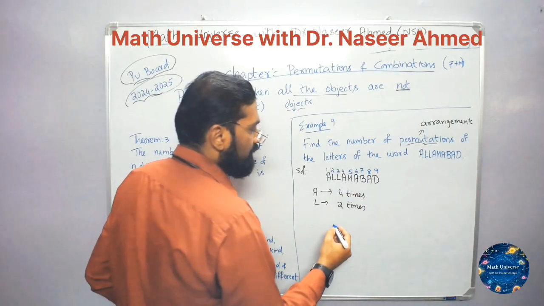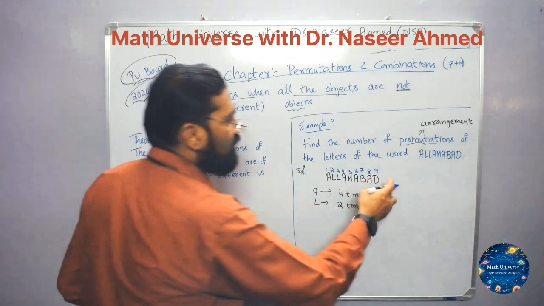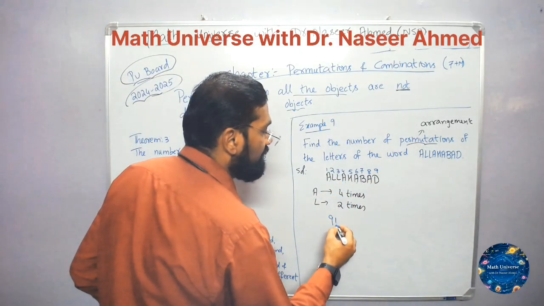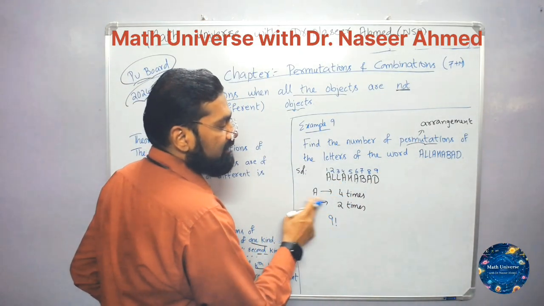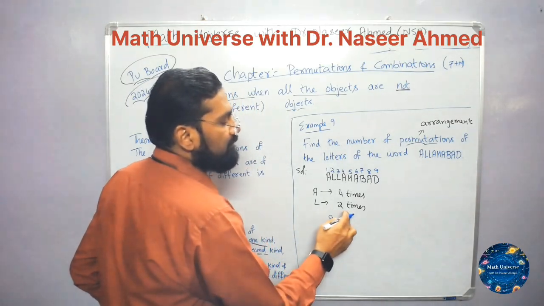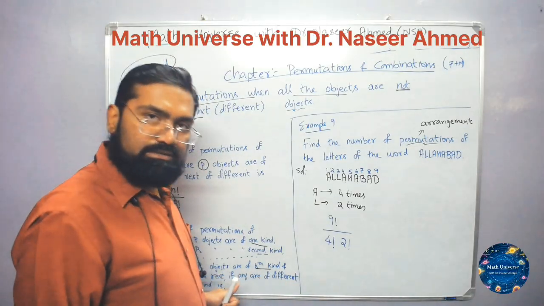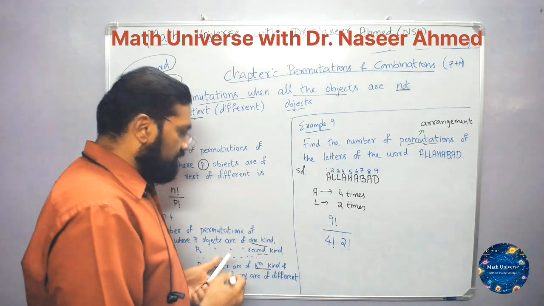Therefore, the permutation will be, as you can see, total objects n factorial. Here it is 9 objects together, so 9 factorial, in which A is repeated 4 times, so divided by 4 factorial. L is repeated 2 times, so 2 factorial. This will be the permutation. Now let us simplify.